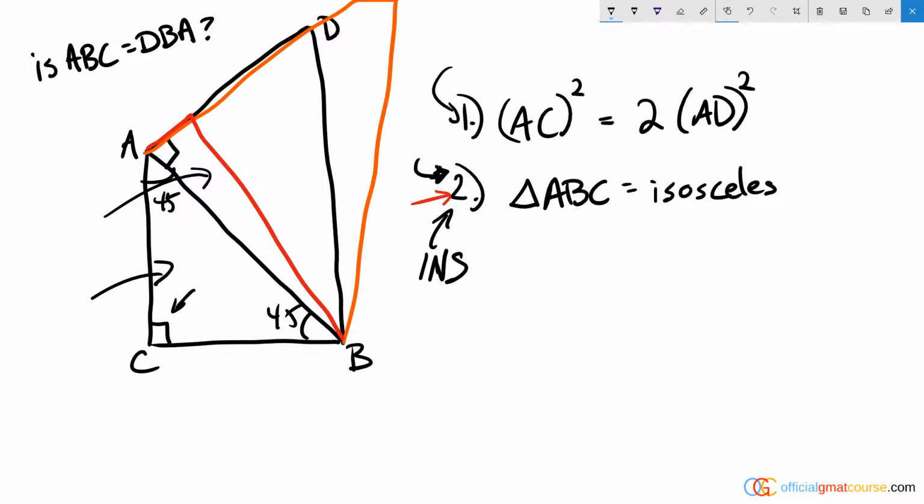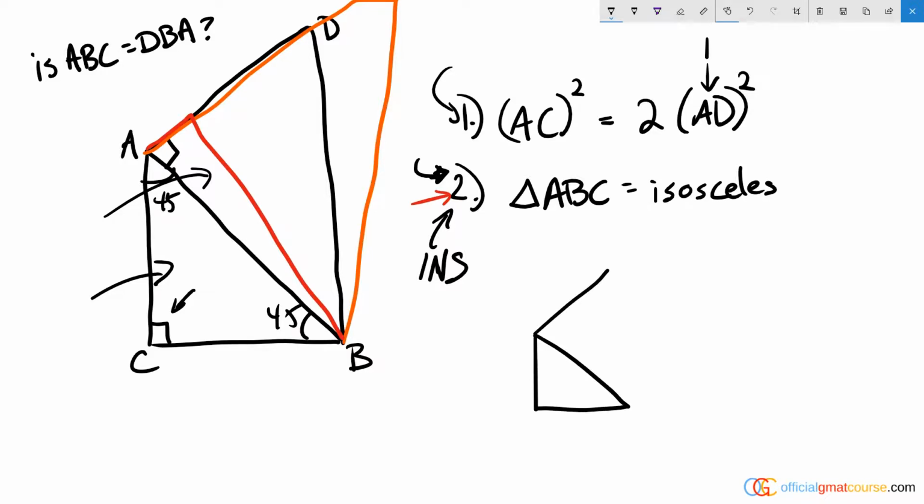All right, now statement 1 on its own, if we play a similar thought process, AC squared is equal to 2AD squared. Well, let's pick a value for AD on its own first, and let's make AD squared equal to 1. So it's 1 squared. And I'm just going to draw out another version of this triangle, smaller, but something we can work with.